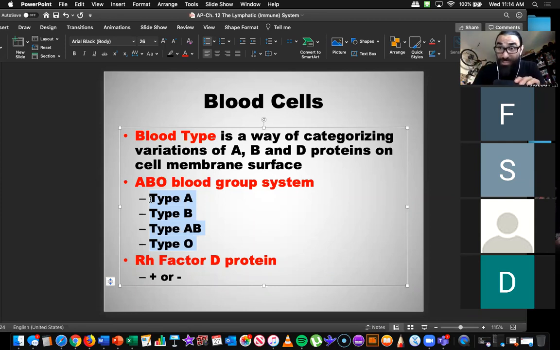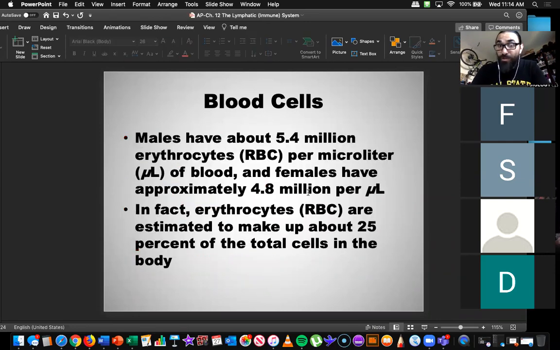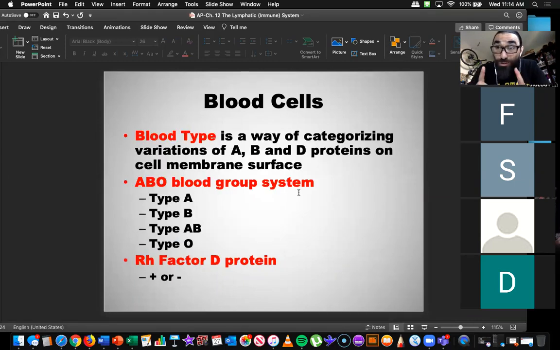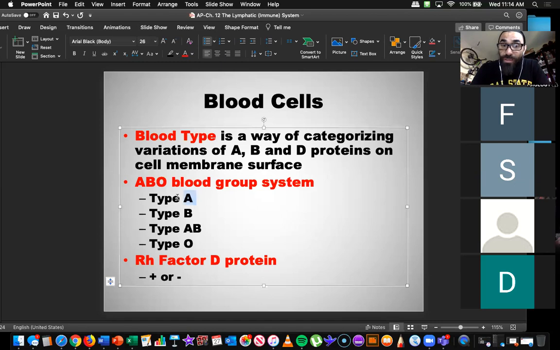So Scarlett, if you're a type A, all of your red blood cells, which again, females have about 4.8 million per milliliter, every single one of those has that little protein that tells another neighboring red blood cell, hey, I'm like you, okay? What that has to do with the immune system.